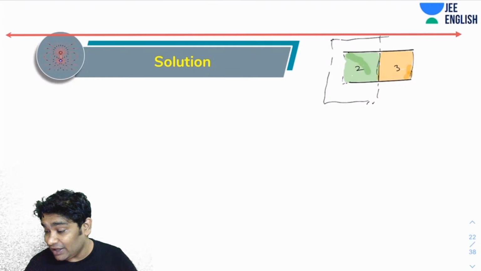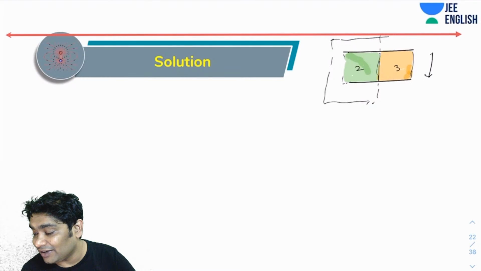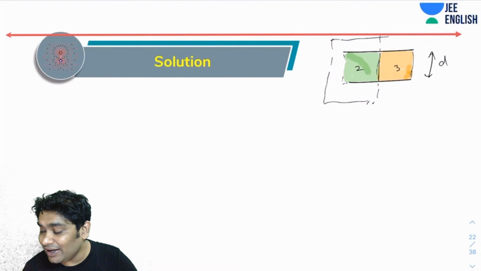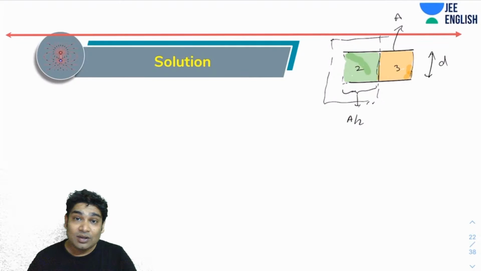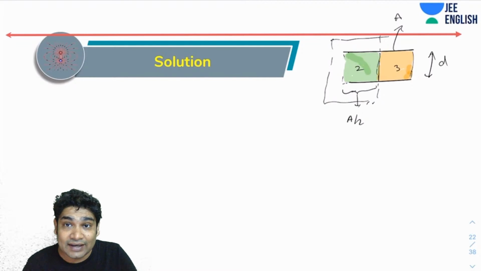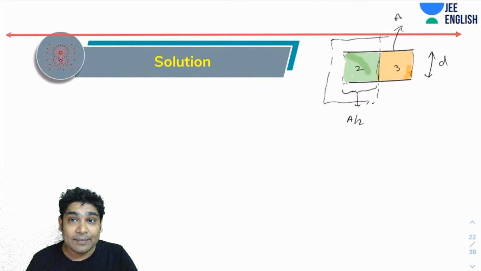If this distance is d and the total area was A, then this area would be A by 2, right? Because you've been told that both the dielectrics are filling the space equally.